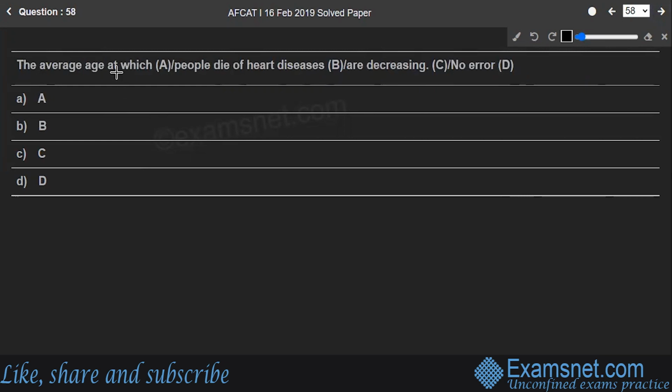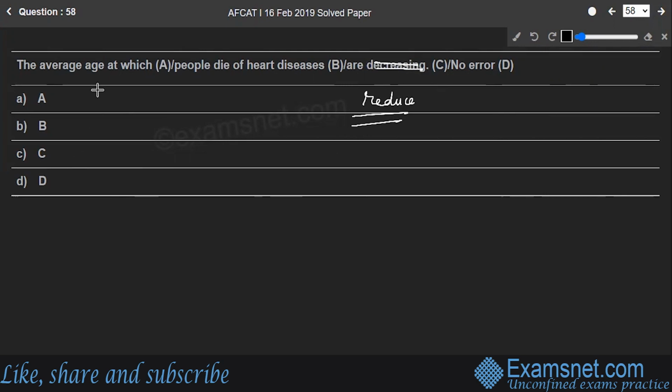The average age at which, A, people die of heart diseases, B, are decreasing, C, or this contain no error, that is option D. Okay, let's read it. When we talk about age, and if we need to talk about the context relating to lessening, then we use the word reduce instead of decreasing.